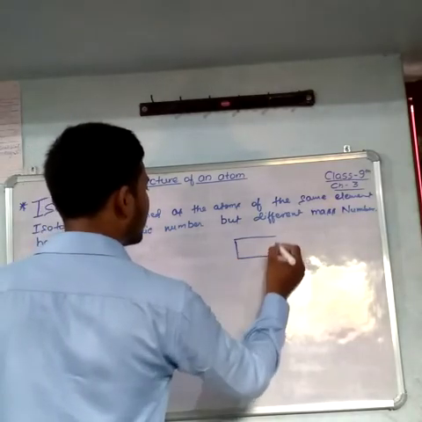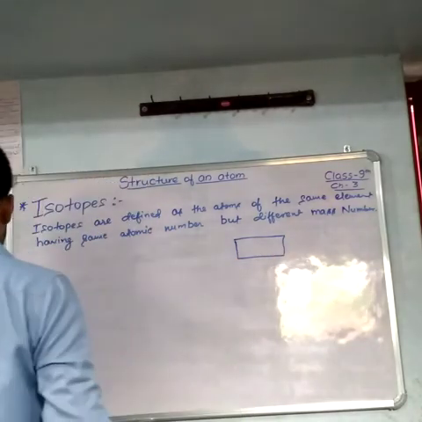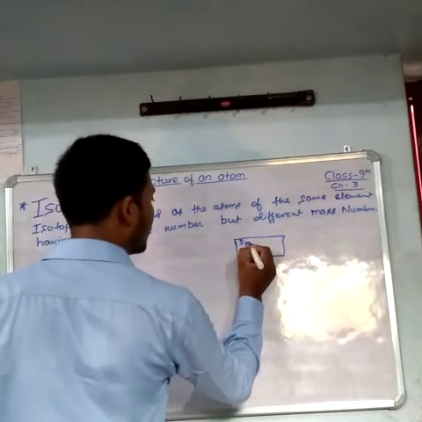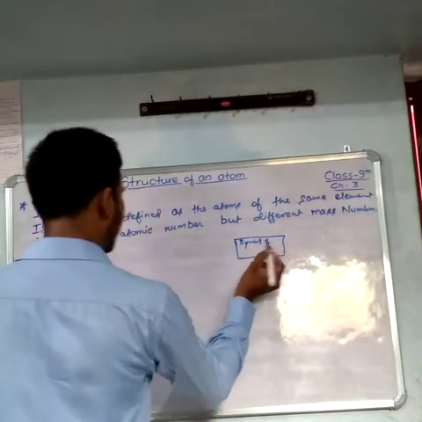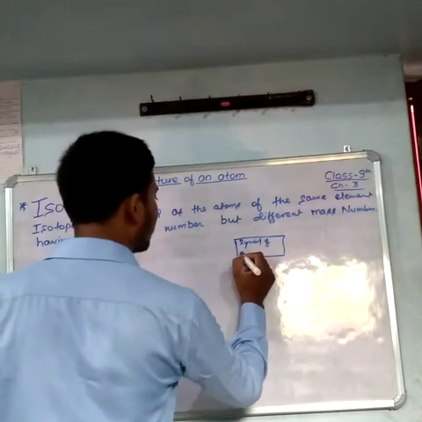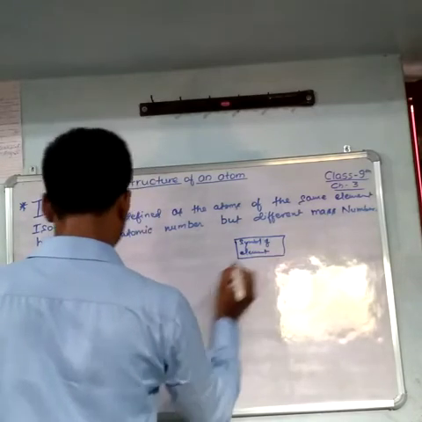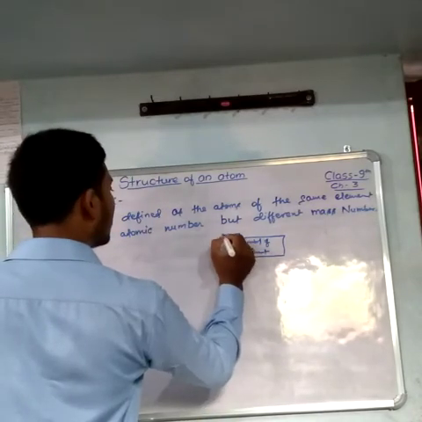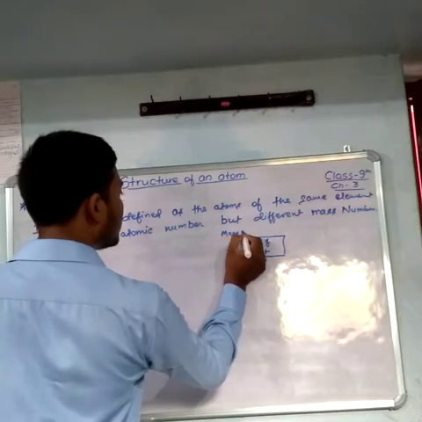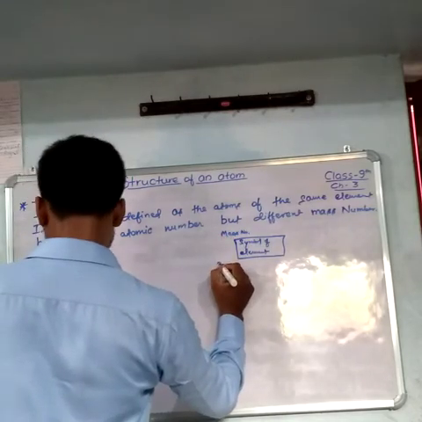Okay, see, one more thing that is important. Symbol of elements, mass number, atomic number.